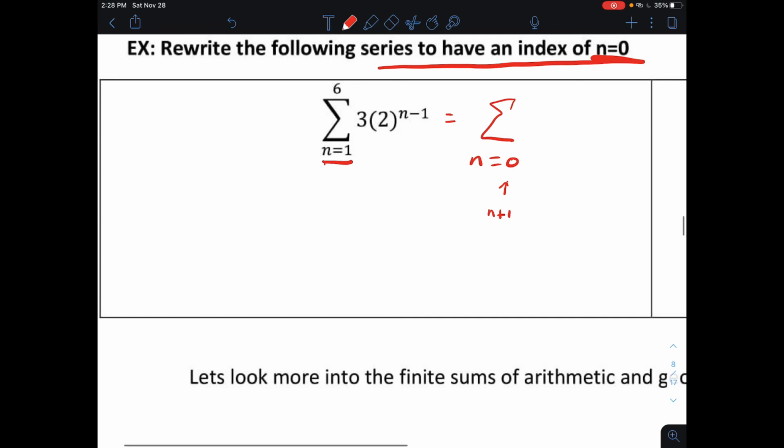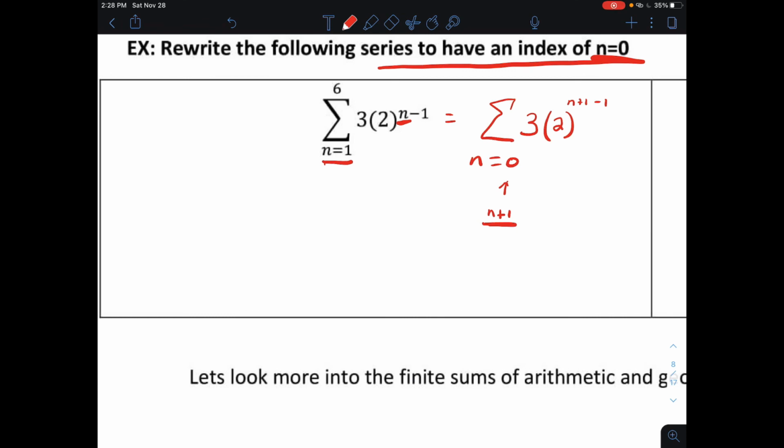So in 3 times 2 to the n minus 1 power, where n is, I'm going to put n plus 1, so I have n plus 1 minus 1.